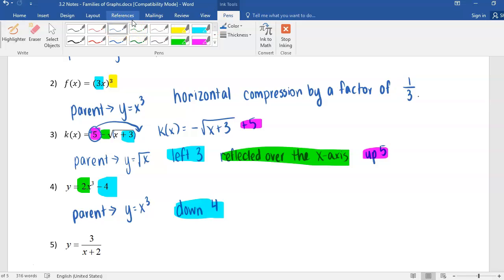Raphael, what do you think that 2 does? Good. Expands. Is it going to be vertical or horizontal? Vertical. So it is a vertical expansion. And I know it's vertical because it's not in the parentheses. If it was horizontal, it'd be inside of the parentheses.